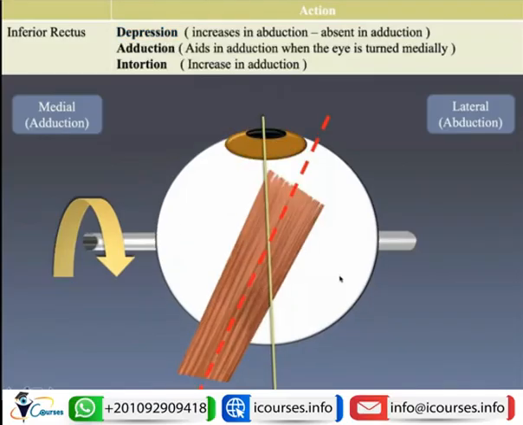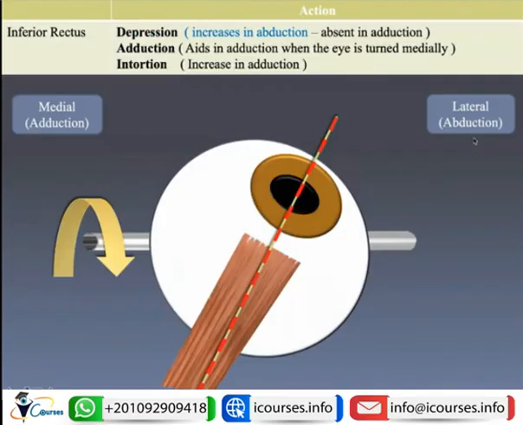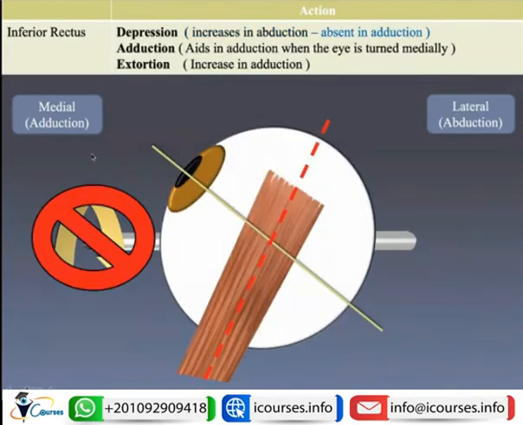This depression will increase in abduction again because the muscle axis will be coincidental with the axis of the eye, and it will be absent with adduction because the muscle axis is perpendicular to the eye axis, so they will antagonize each other.